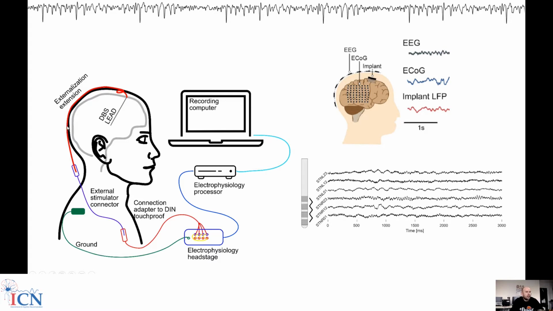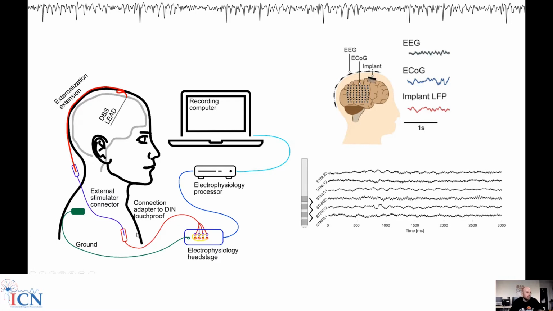And in the lab, what you need is basically some adapters to be able to connect to this externalization extension, and that depends on the specific manufacturer of the DBS leads. So it's different for Medtronic or Boston Scientific or Abbott.